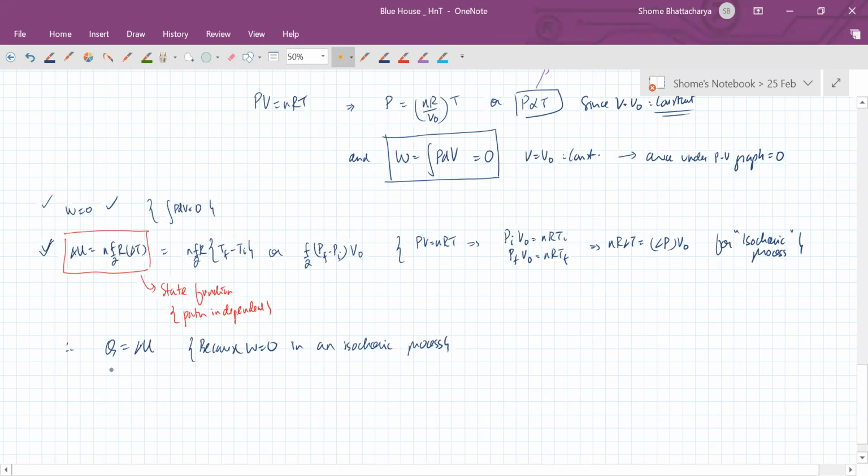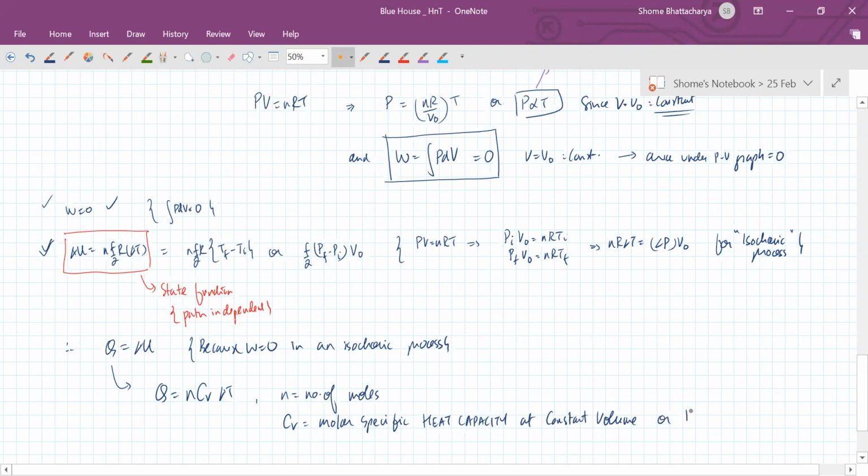Okay, so Q is given a special term over here. Q is n into CV into delta T, where n is the number of moles, of course, but CV is the molar specific heat capacity at constant volume, or what we call isochoric.